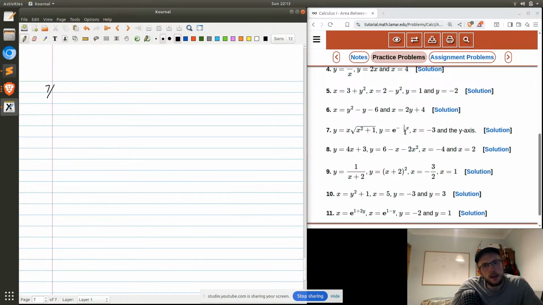There's no way. I mean, I think this is more difficult than the other ones. But anyway. First, what does this function look like?